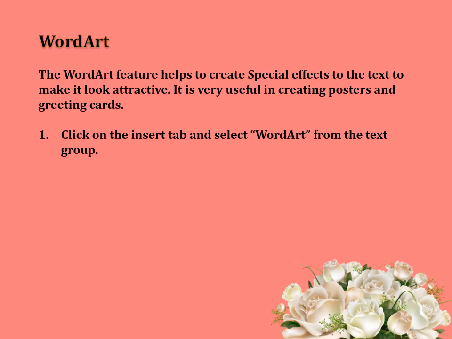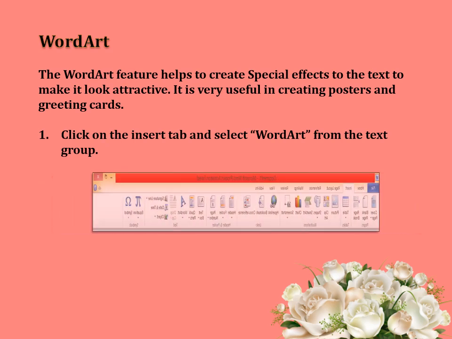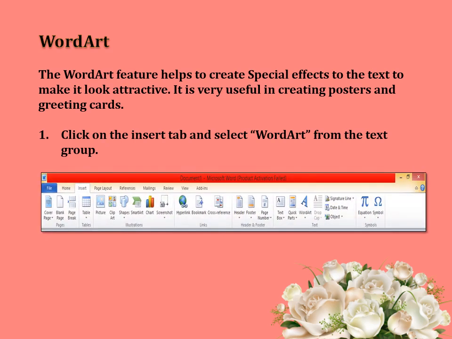Firstly, you have to click on the Insert tab and select Word Art from the Text group. Please see the image. This is the image of the Insert tab. You can see the ribbon. On the right-hand side of the ribbon, there is one button called Word Art. Can you see it?